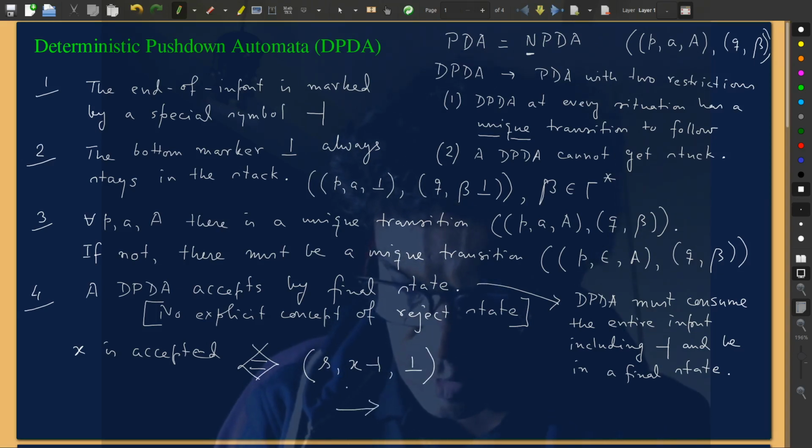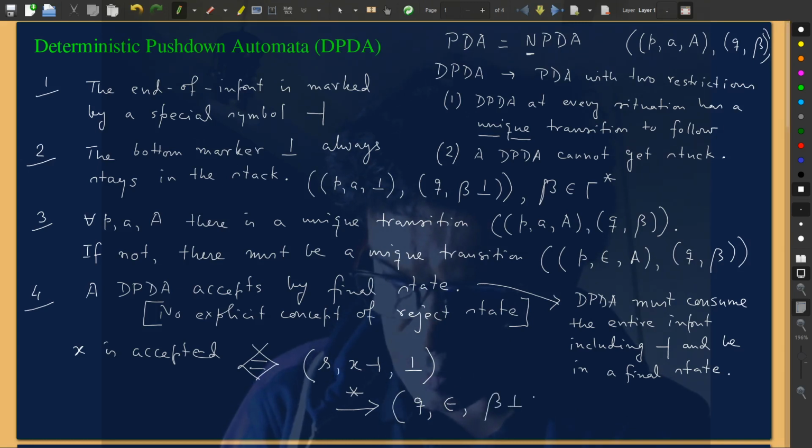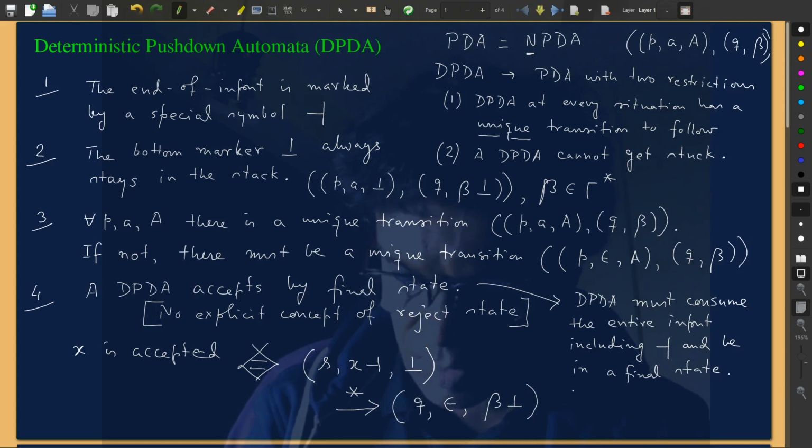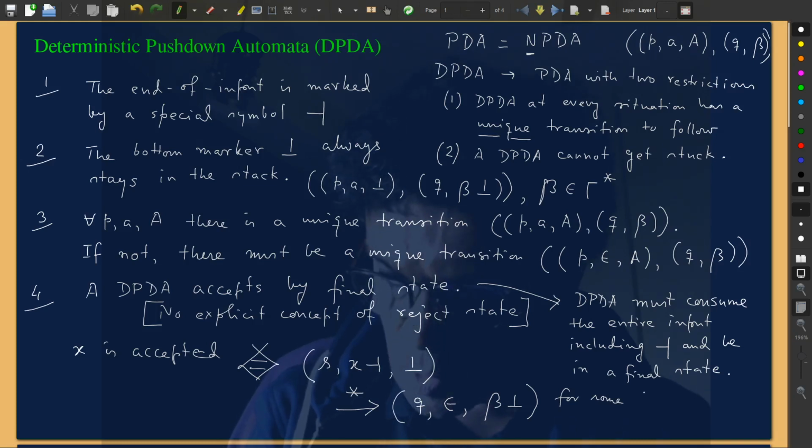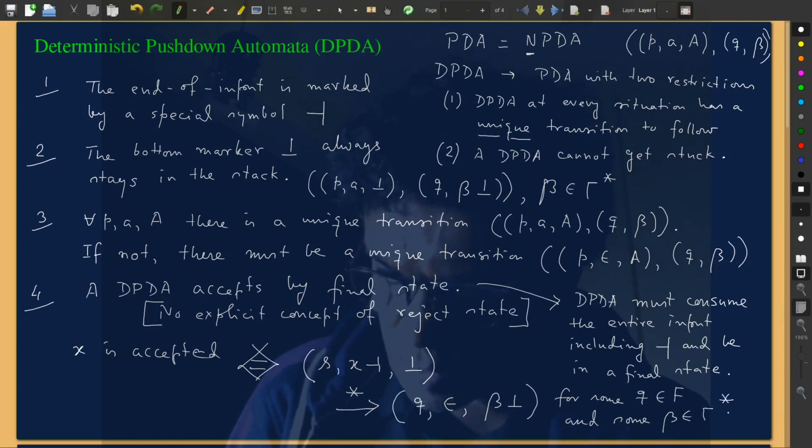This must, in one or more steps, go to some final state Q. Nothing is to be read from the input, including this, and the stack content may be anything, but this must be there. So this is for some Q in the set of final states, and for some beta in gamma star.